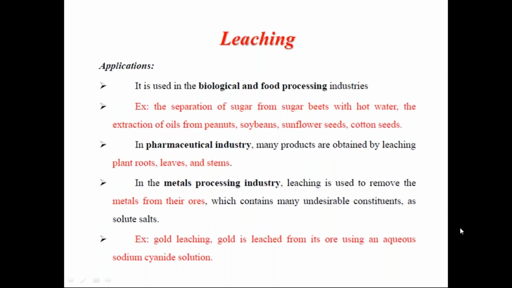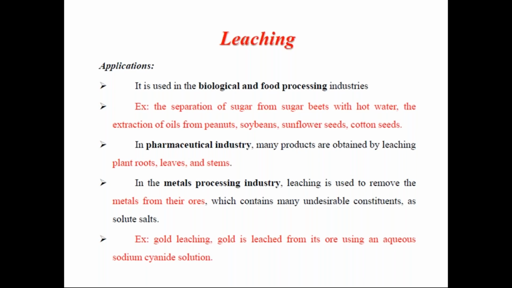Okay, then these are the applications. As I told, it is used in the biological and food processing industries. That is the separation of sugar from sugar beets with hot water, and the extraction of oils from peanuts, soya beans, sunflower seeds and cotton seeds. That is also an example.